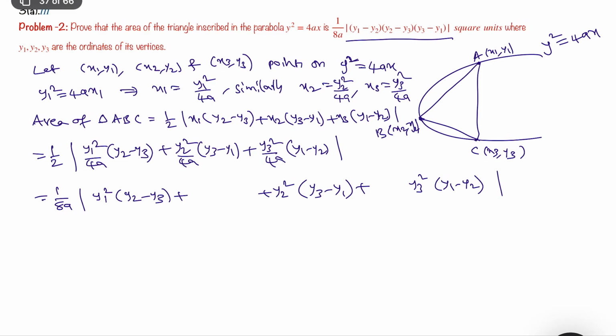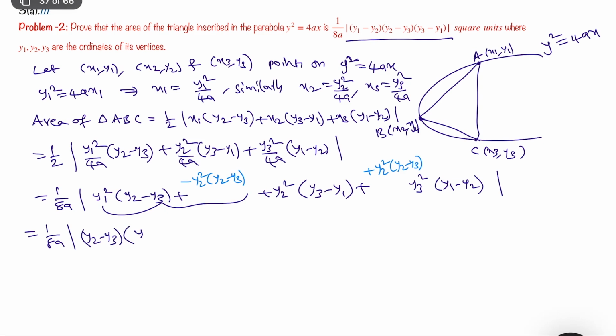Now let us add and subtract y2 square times (y2 minus y3). Here let me subtract y2 square times (y2 minus y3), and here let me add y2 square times (y2 minus y3). Now 1 by 8a times. From here, if I take y2 minus y3 common, then we will have y1 square minus y2 square.